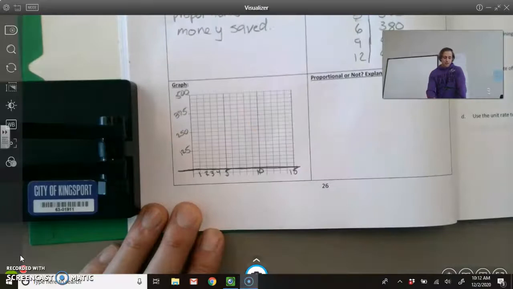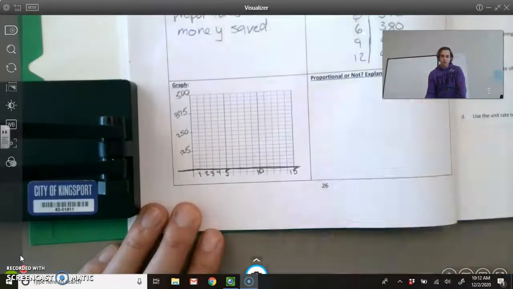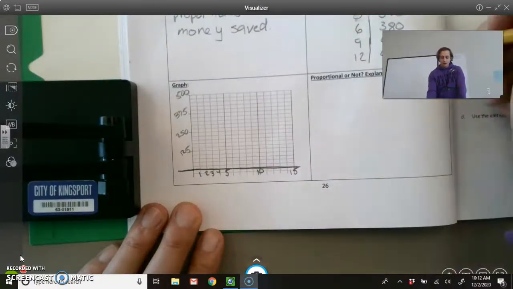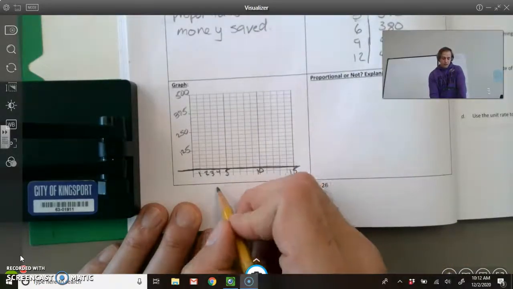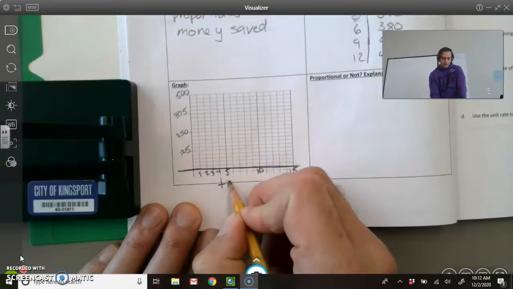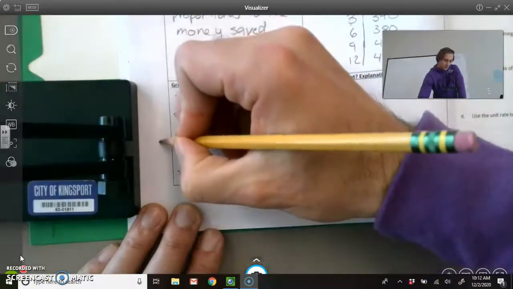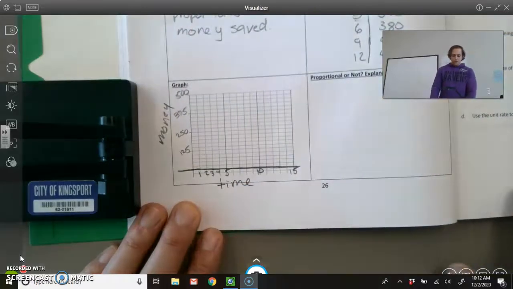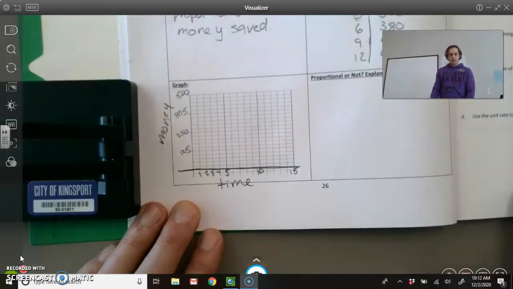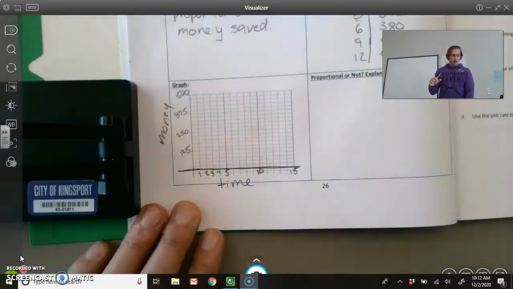So every box here is going to be worth 25 apiece. I'm going to be able to fit all of my data into this graph. Again, this is my x-axis, or my time, and this is my y-axis, my money. I want to label that graph. Okay? Now, I think I have a structure that's going to work for me to fit my table onto my graph.